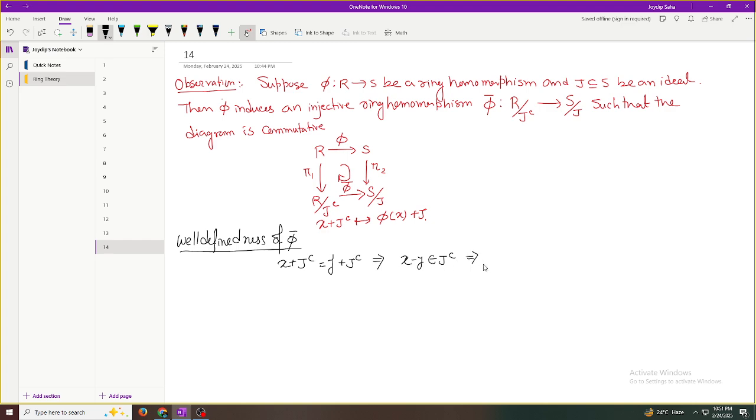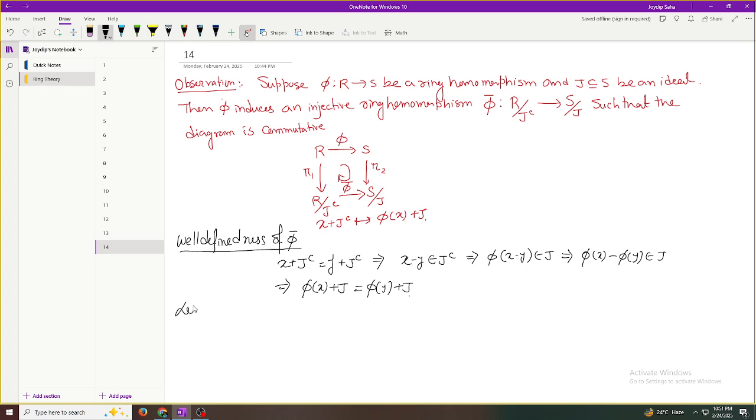This implies phi of x minus y belongs to J. J contraction means phi inverse J. That means phi x minus phi y belongs to J, and this implies phi x plus J equals phi y plus J. So this is well defined.